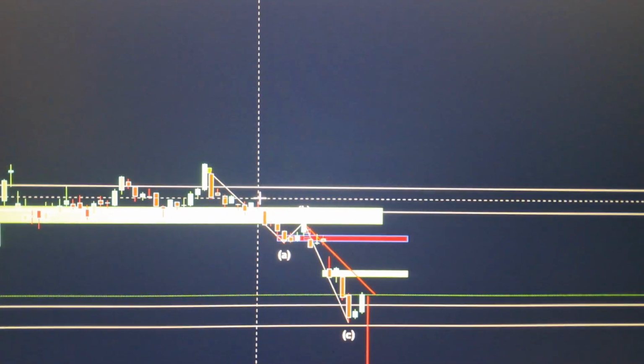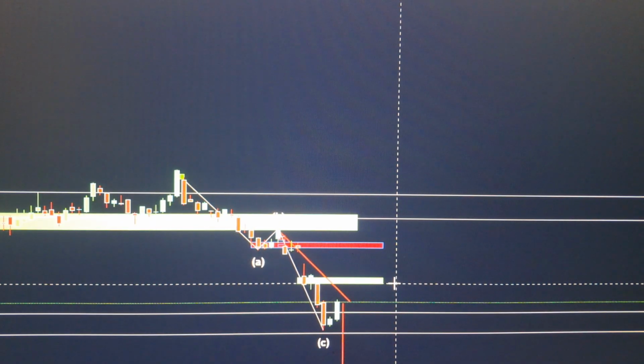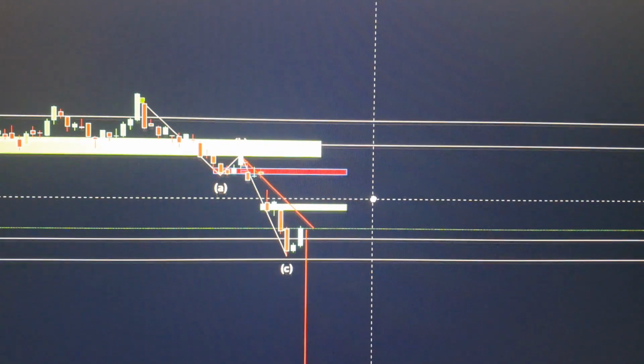It can vary, but fourth waves are your most corrective phase. They're difficult, but they're very fun.